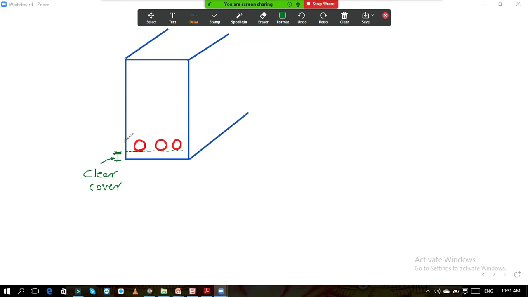From the side also we provide some distance, which is called side cover. How much it is, we will see later.